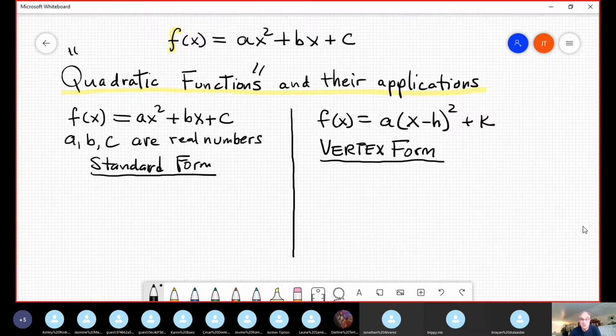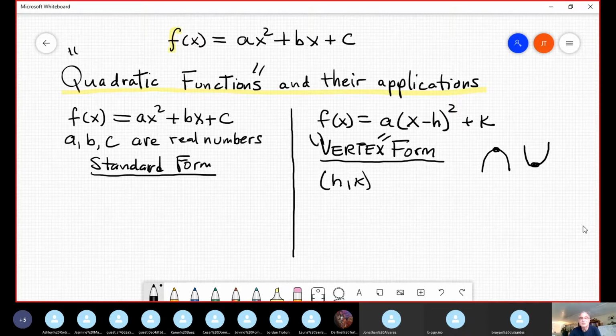Because somehow this function is a parabola. I don't know exactly if this parabola opens down or opens up. Let's see after how you determine that. But the most important point is that point, and that point is called the vertex. The vertex coordinate of the point is (h, k).